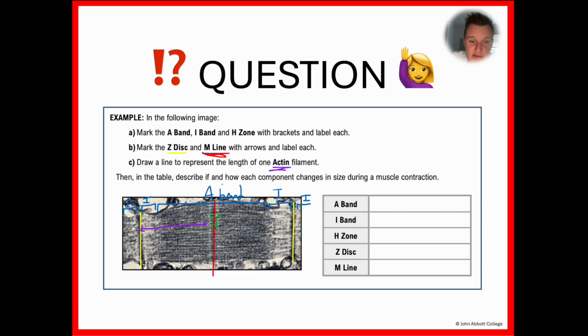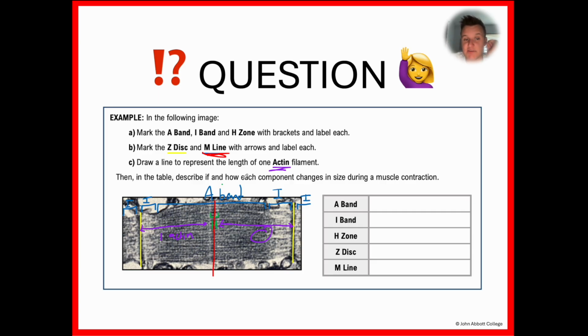This is the I band. This is the H band where there's only myosin. So same on this side. I'm just going to go from here all the way to my other one. This is the length. This is one actin, and this is another actin on this side. They're separate filaments. They don't connect to each other, but they're on opposite ends.